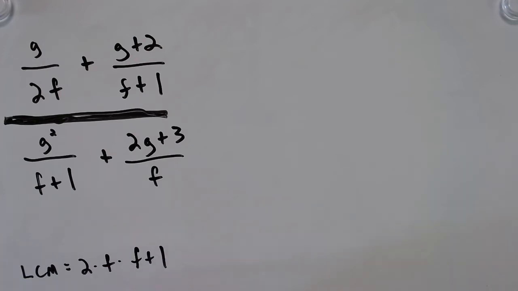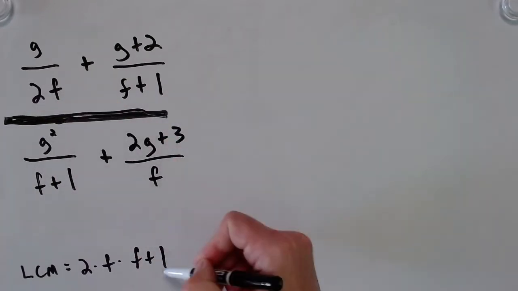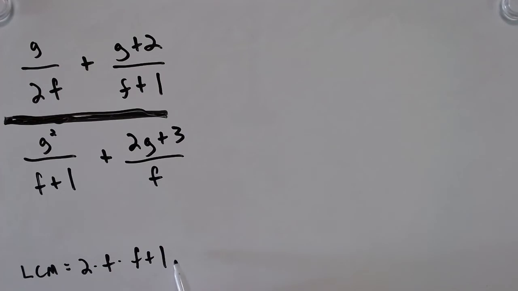Whatever this ends up being, f can go into it because it's right there, 2 can go into it because it's right there, and f plus 1 can go into it because it's right there. So I'm going to simplify this as just 2f times f plus 1. We could distribute and have f squareds, but let's just leave it in these pieces for the time being. 2f times f plus 1.